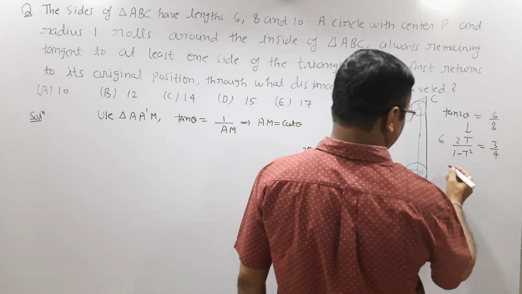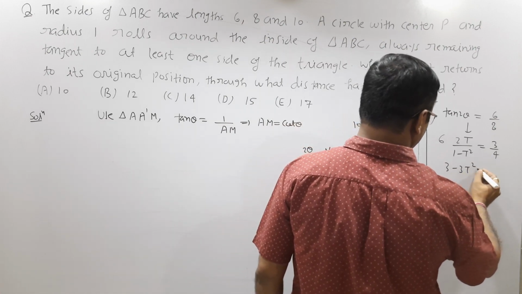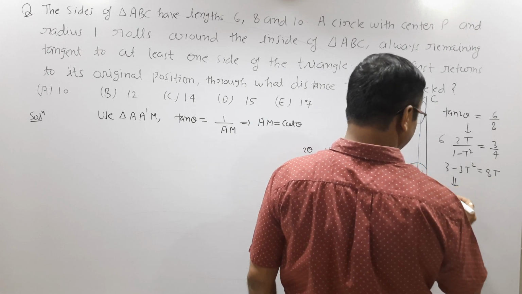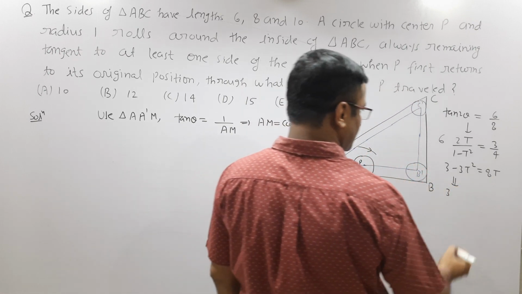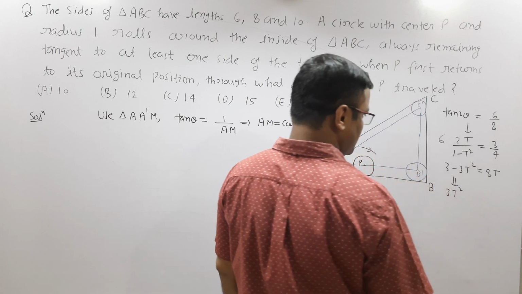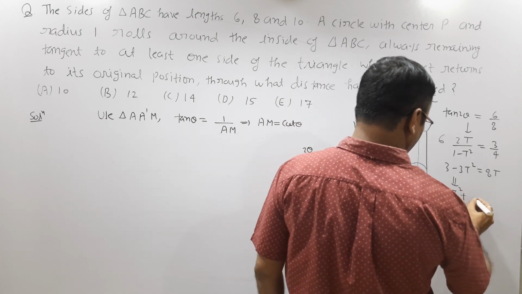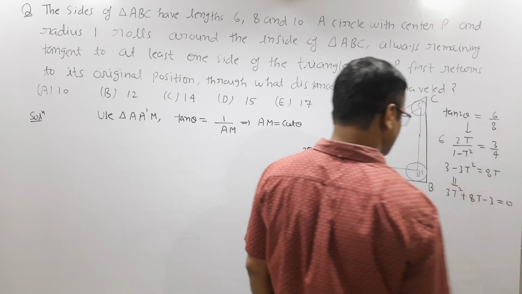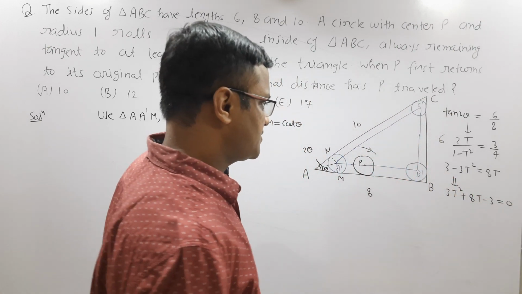So further we can write it as 3 minus 3t square equals 8t. So 3t square plus 8t minus 3 equals 0. Okay, 3 times 3 is 9.